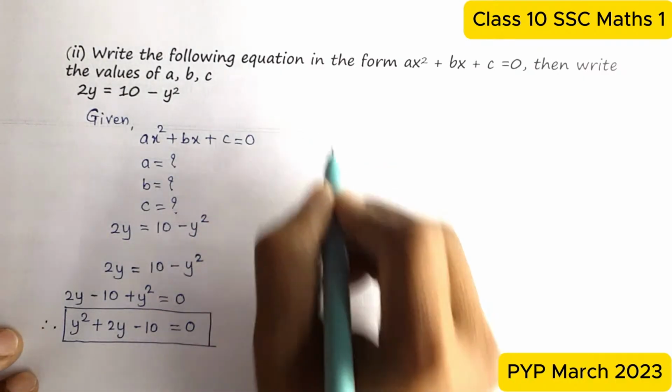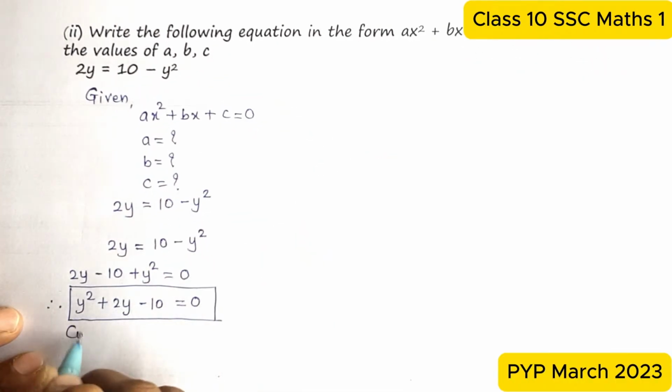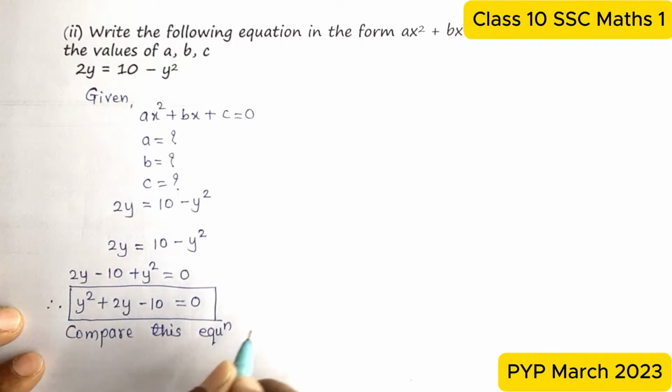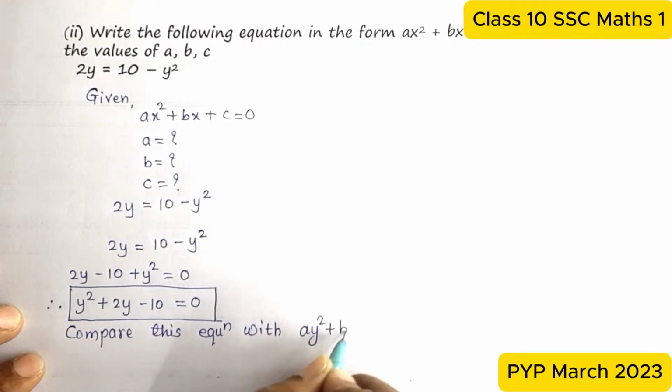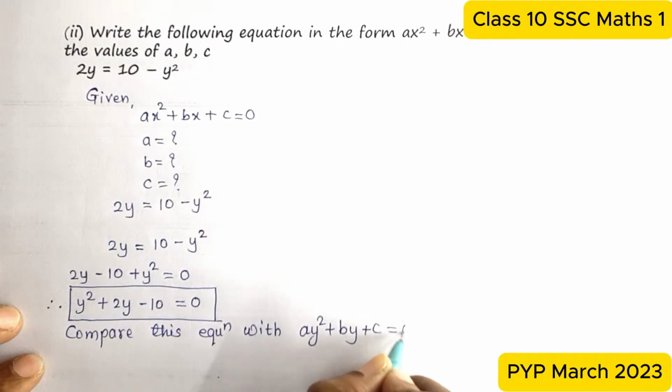So now here we write that comparing this equation with ay square plus by plus c is equal to 0.